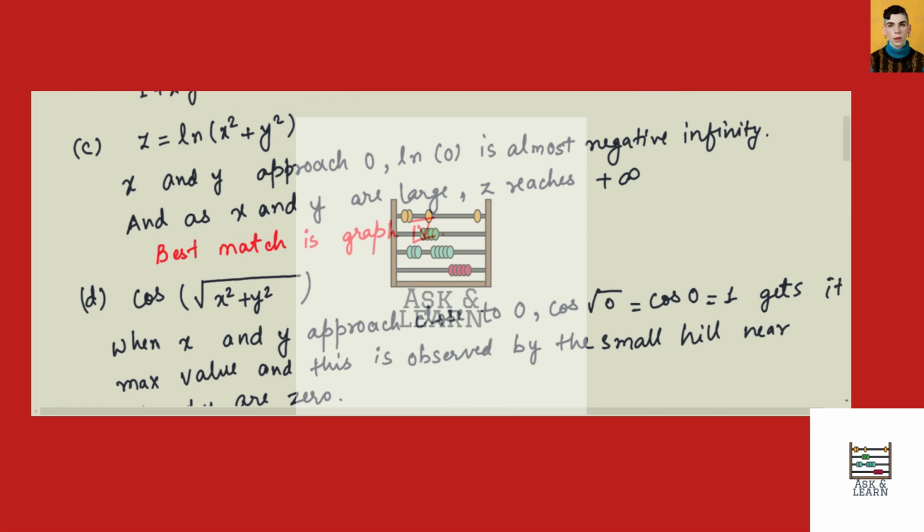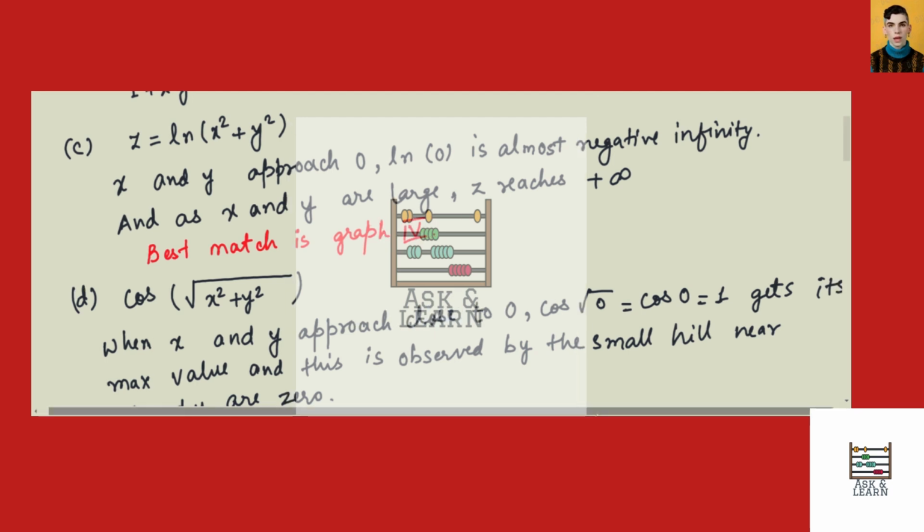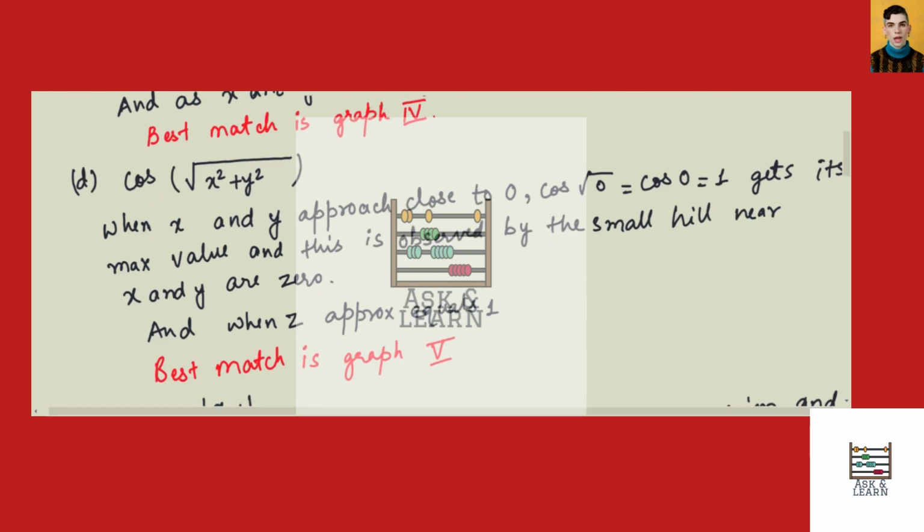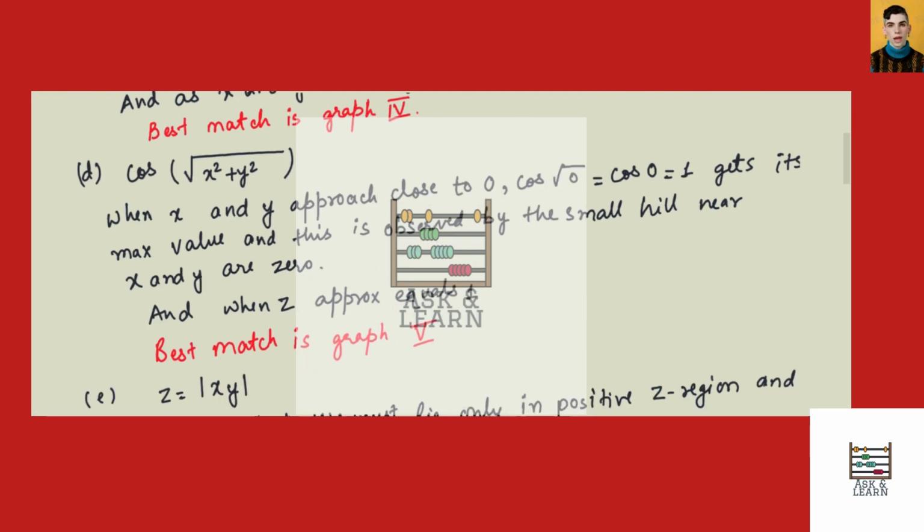So now next is given to us, that is cos of root over x square plus y square. When x and y approach close to 0, cos root 0 equals cos 0 equals 1, it gets its maximum value, and this is observed by the small hill near where x and y are 0.